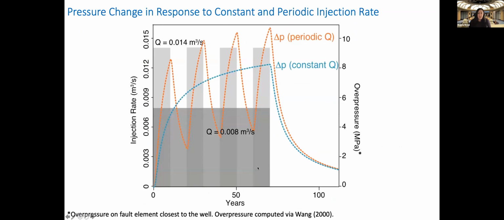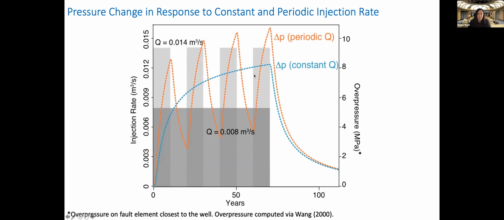Okay, and so next I'd like to revisit a topic that we talked about a little bit yesterday. Jim showed an example of a complex pattern of seismicity that develops in response to oscillating or periodic injection, or changes in injection rate.